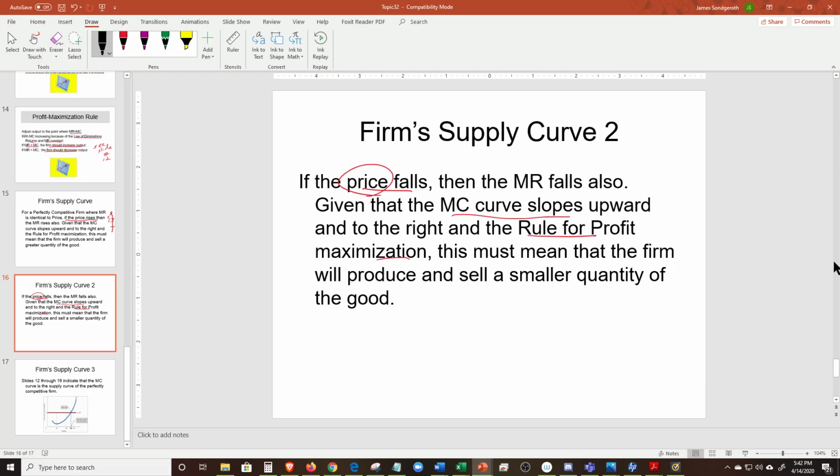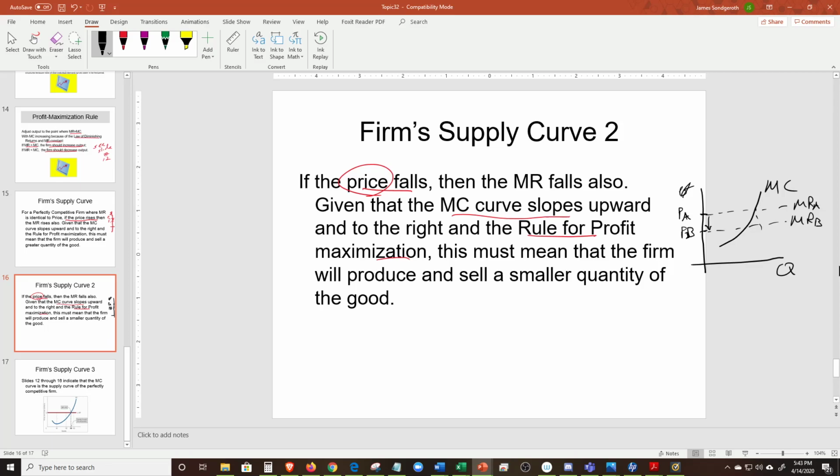So here, with quantity on one axis and cost and price on the other, and marginal cost rising, we have price A and price B. This is marginal revenue A, and this is marginal revenue B, and the price is going down.